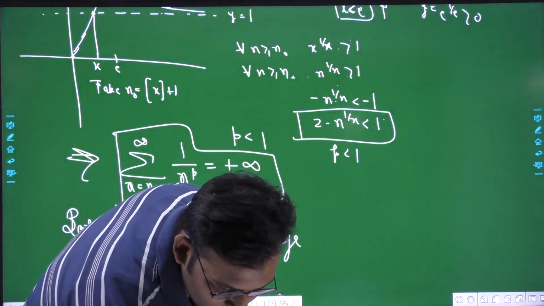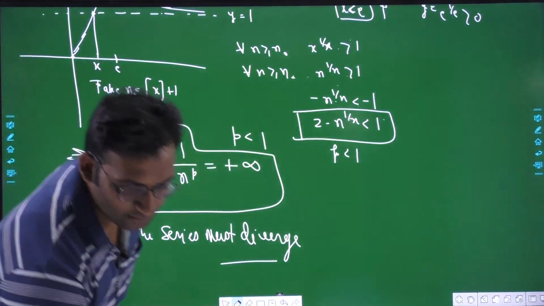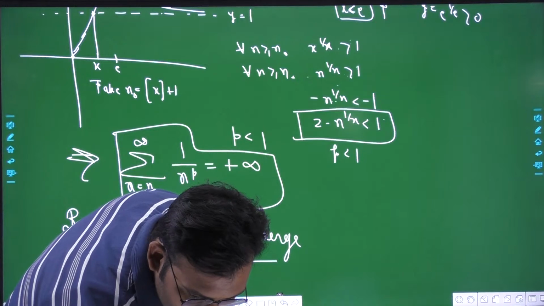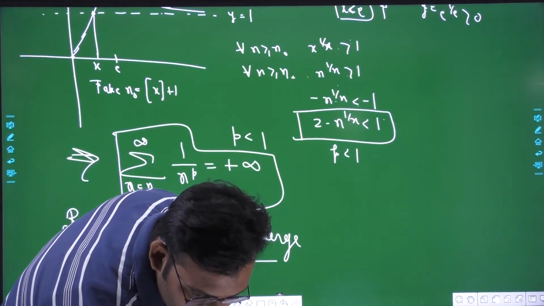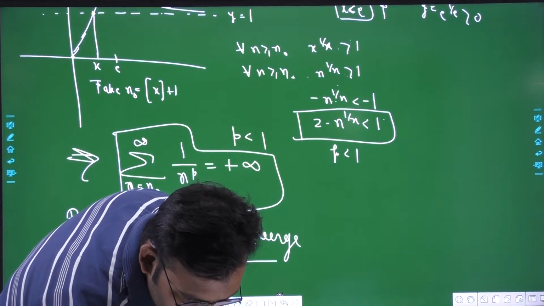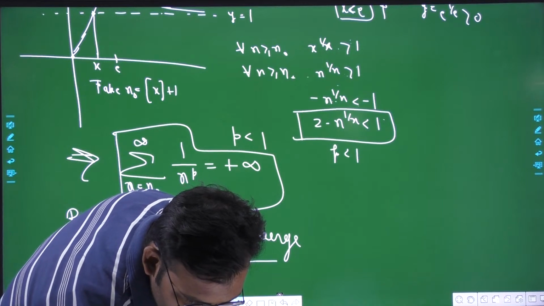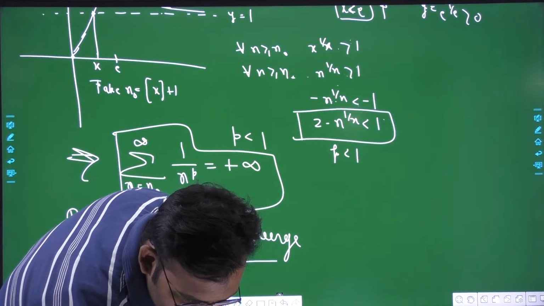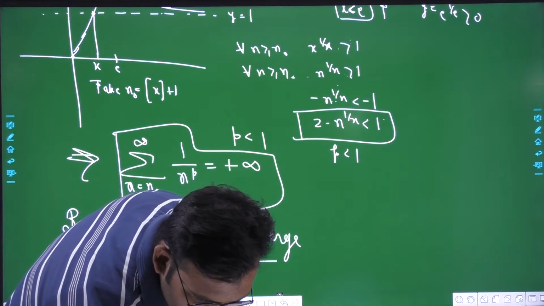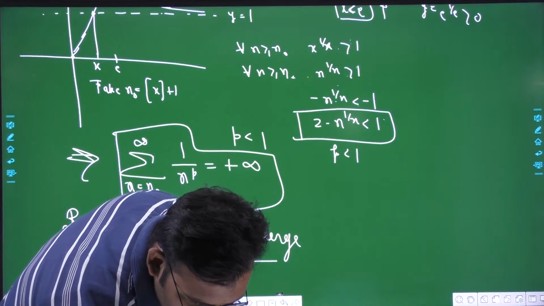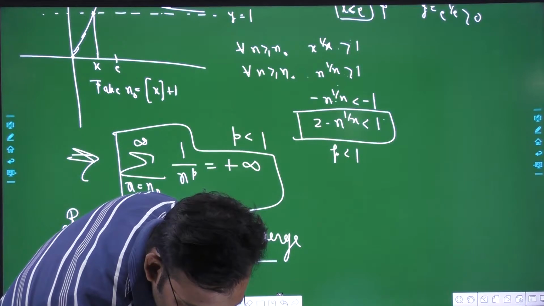I think this was your question that has come in the examination. Let me see the question number so that I'll mark it and you can get the answer. Just give me a minute. So this was your question number 30.